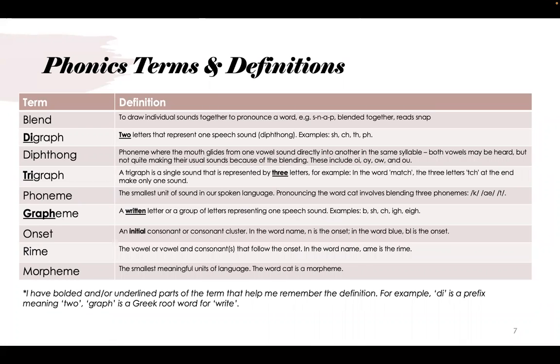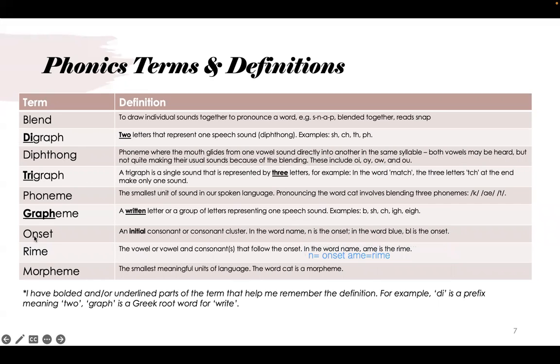So in the word name, aim is the rhyme and N is the onset. So N is the onset, aim is the rhyme.